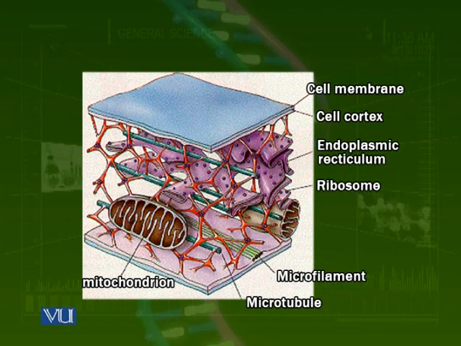And whenever they need to move, for example, if energy is required, because mitochondria produce energy molecules, if energy is required in another part of the cell, then mitochondria will be transported from this part to the other part of the cell. And these mitochondria will be moved with the help of the microtubules.